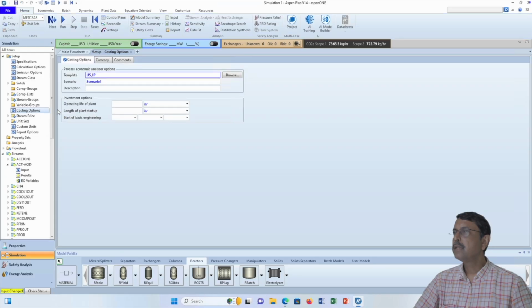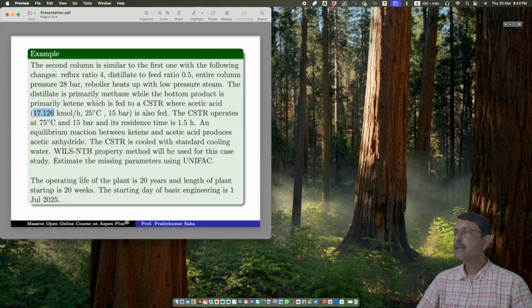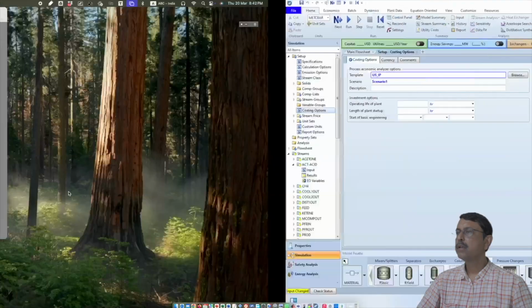So in the costing option, you have to provide the information on operating life of the plant and length of plant startup. If you go back, the operating life of the plant is 20 years and length of the plant startup is 20 weeks.